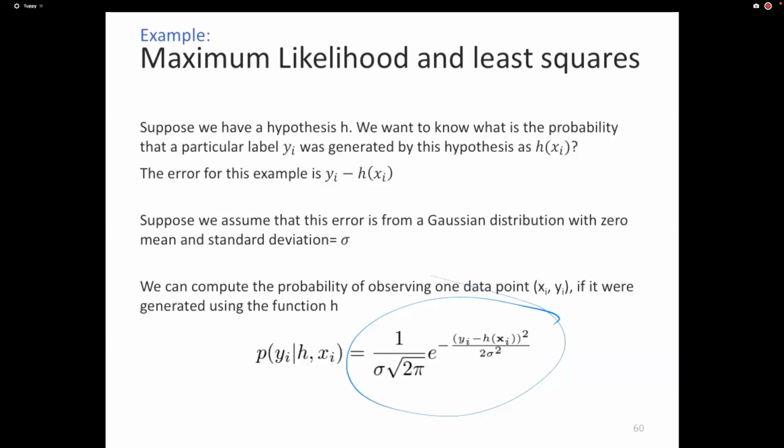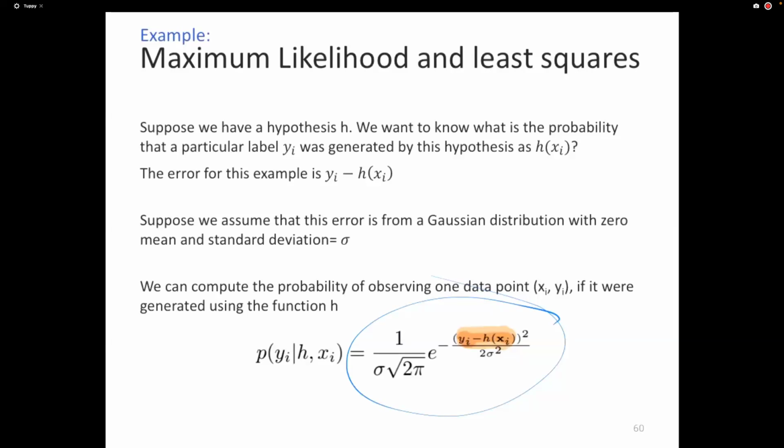Yes. And we're fixing what normally would be yi minus the mean with h of x, right? Well, no, not quite. This quantity here, yi minus h of xi, is nothing but the error. So we are asking what the probability is. The error comes from a zero mean Gaussian distribution.